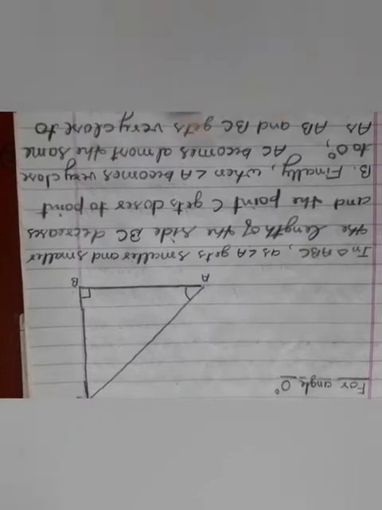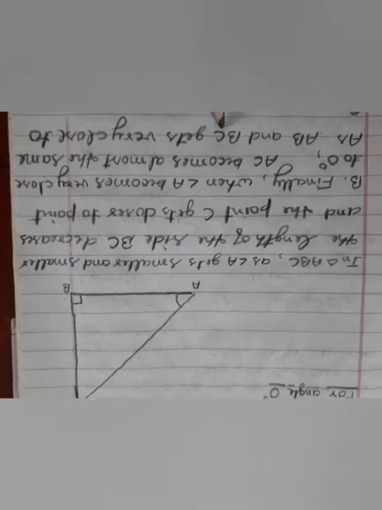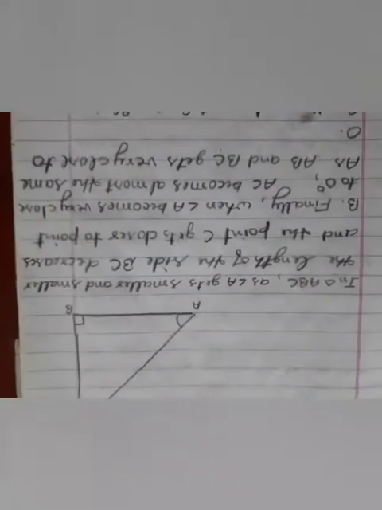Finally, when angle A becomes very close to 0 degrees, AC becomes almost the same as AB, and BC gets very close to 0. So the value of sin A, BC by AC, is very close to 0.